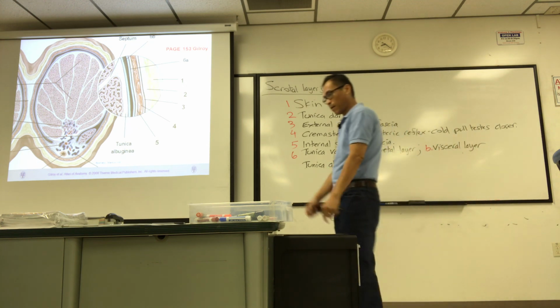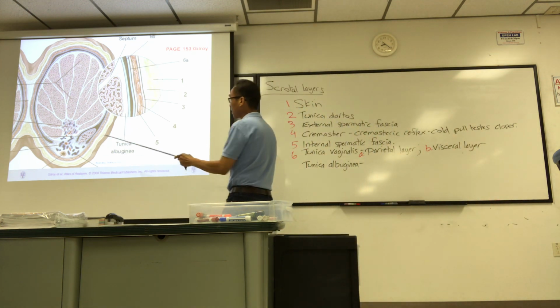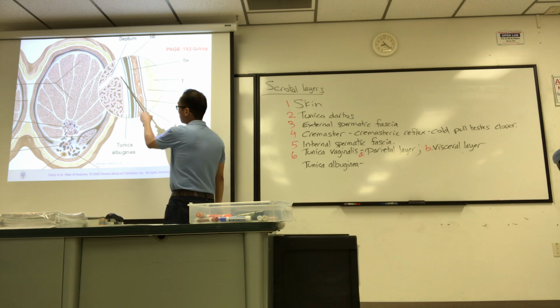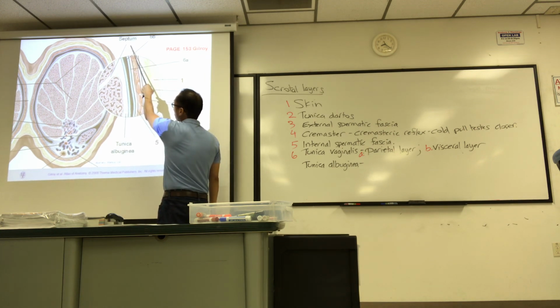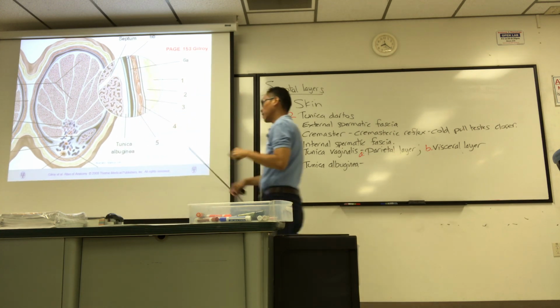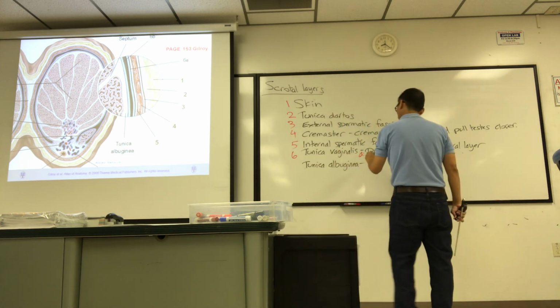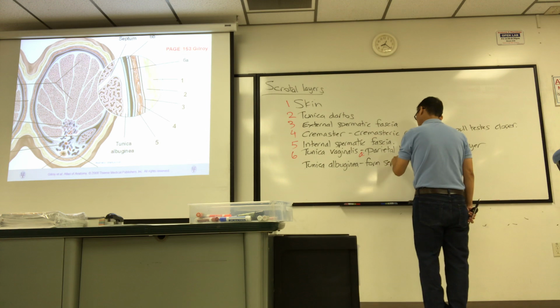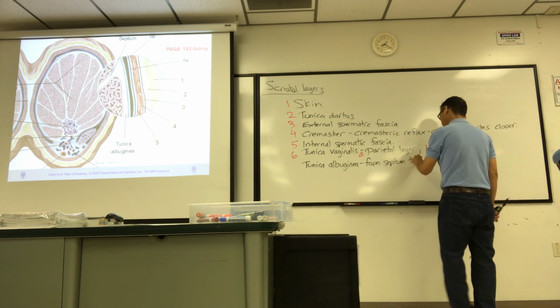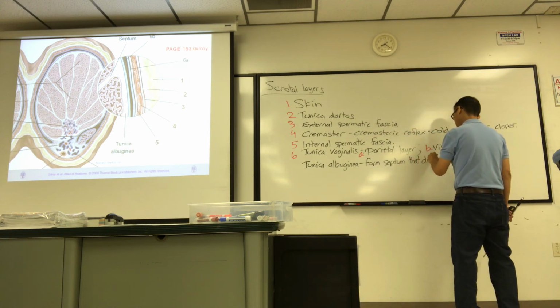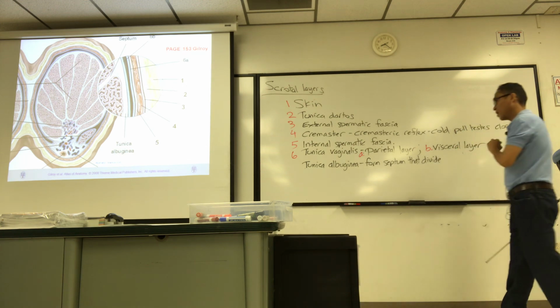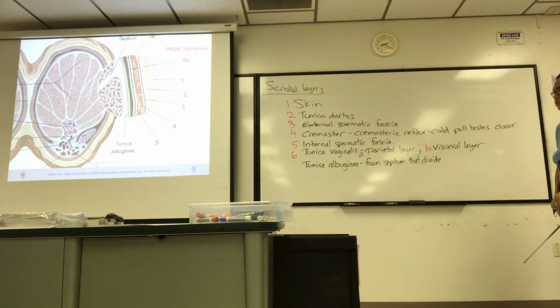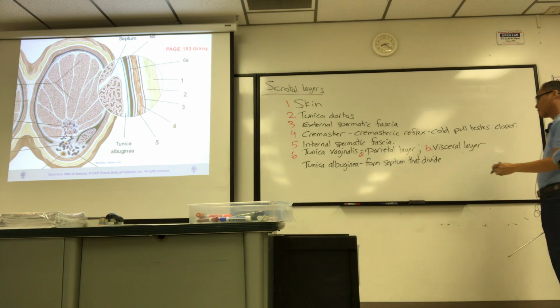It's not just a layer that covers, it's a layer that shoots in. Those are called septa. So the tunica albuginea forms septa that divide the testes into little compartments.